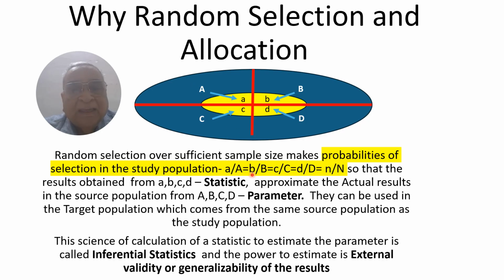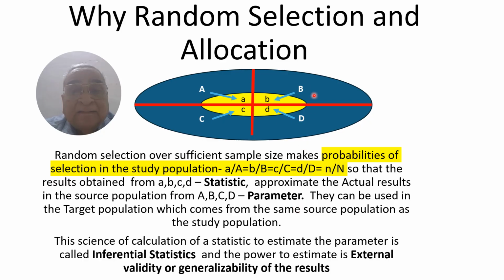So small a upon big A will become equal to small b upon big B, will be equal to small c over big C, will be equal to small d over big D, and all these probabilities will be equal to the sample size divided by the total numbers in the universe, n upon N. And when this happens, then the statistic which is obtained from the small a, b, c, and d will approximate the actual results in the source population, which is obtained from the big A, B, C, and D, which is the parameter.